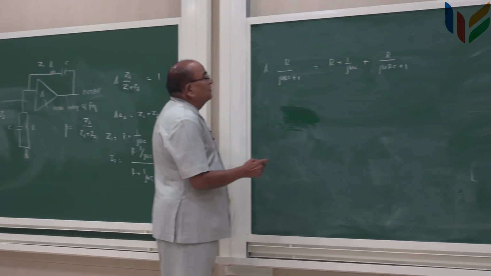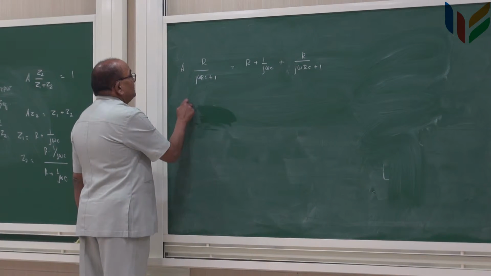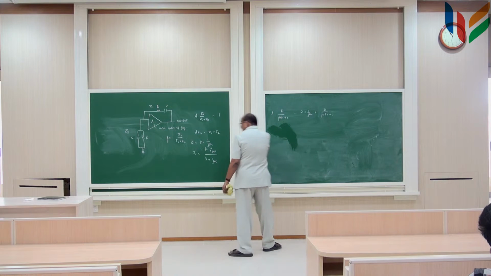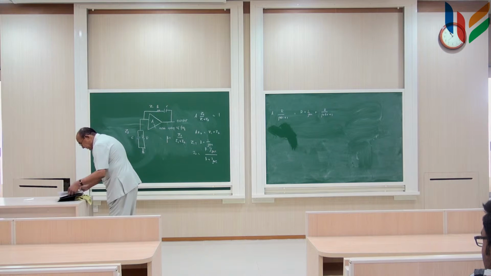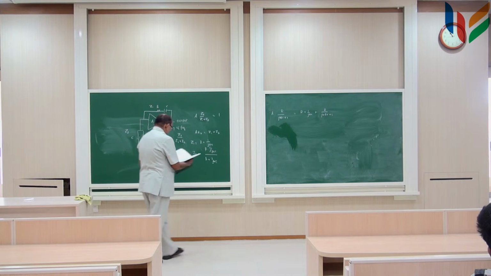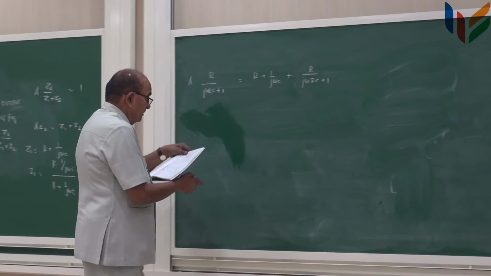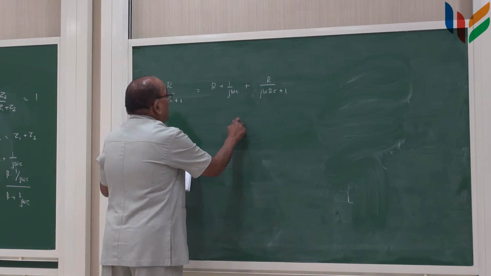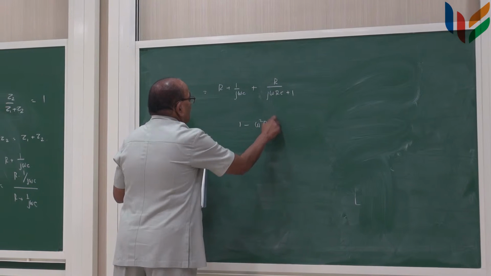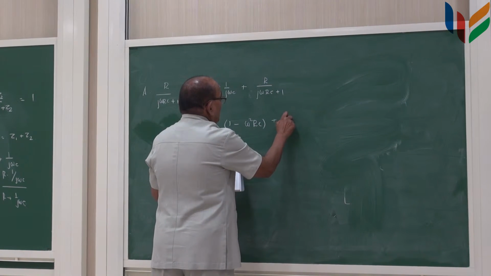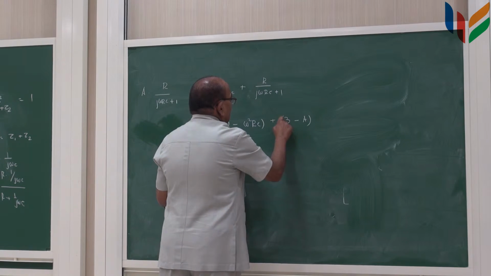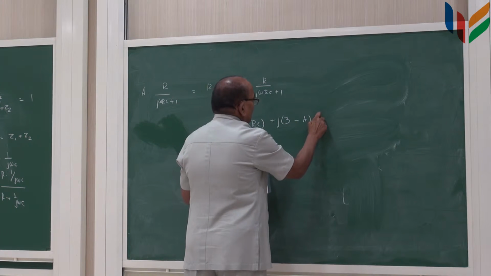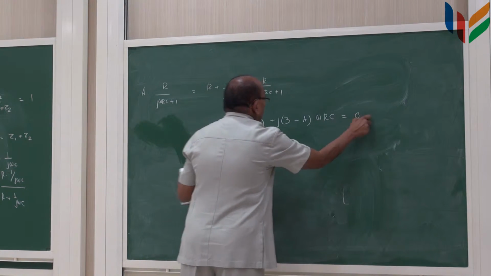So now if you simplify this, what do you get? Let me write down the simplified expression. Reorganizing on both sides and simplifying, the expression comes out to be: 1 minus omega square RC plus (3 minus A) into j omega RC must be equal to 0.